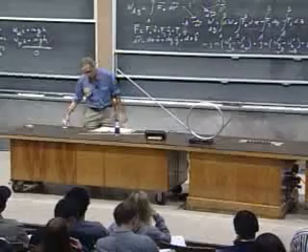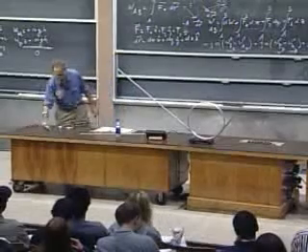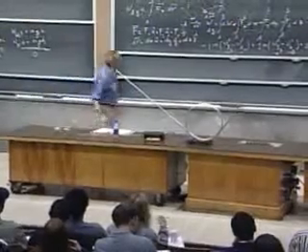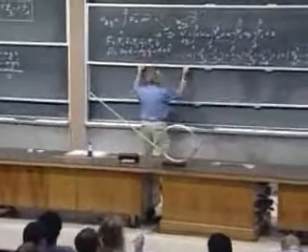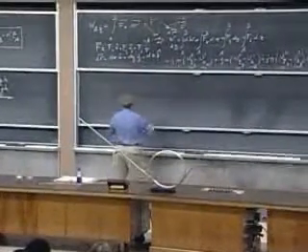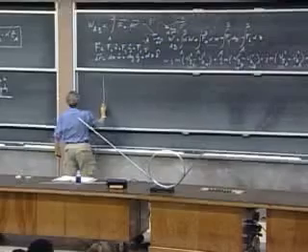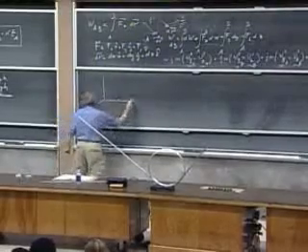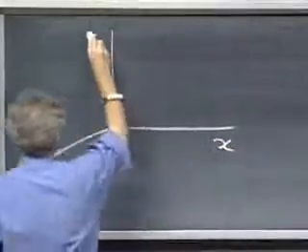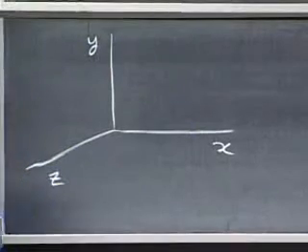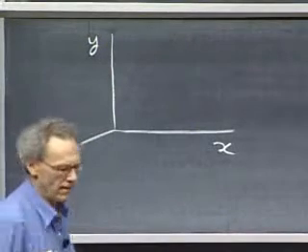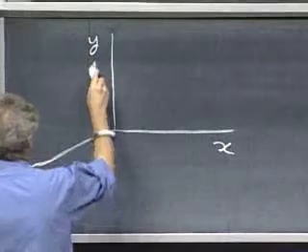All right. I'd like to return to gravity and work on a three-dimensional situation. We have here, let this be x, this be y, and this be z. And here is the increasing value of y.